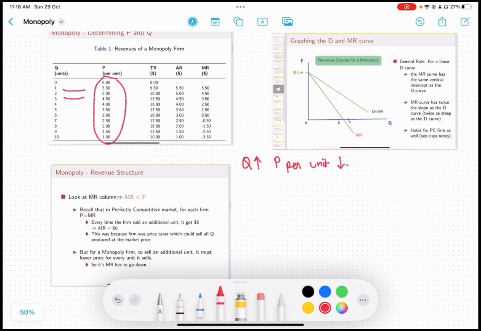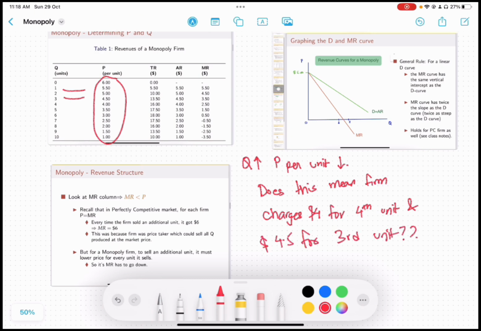Does this mean that the firm is charging less for the fourth unit as compared to the third unit? So let me write this down. Does this mean that the firm charges $4 for the fourth unit and let's say $4.5 for the third unit? What do you think the answer is?